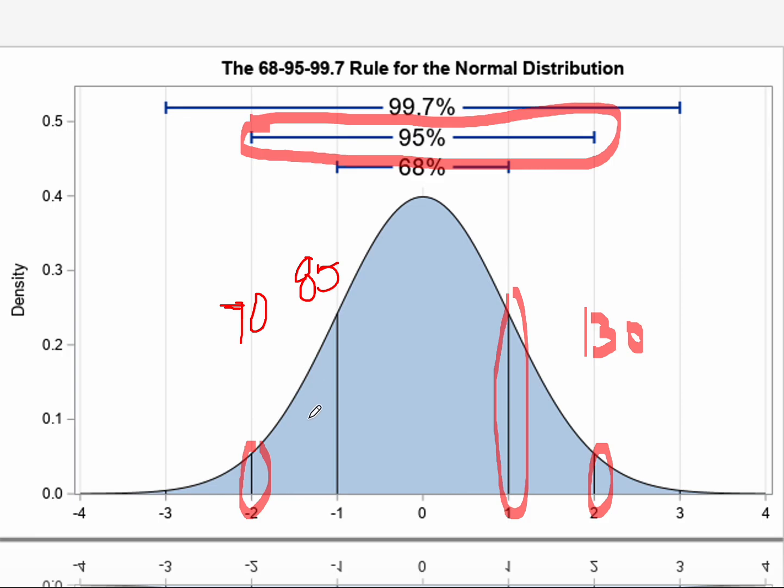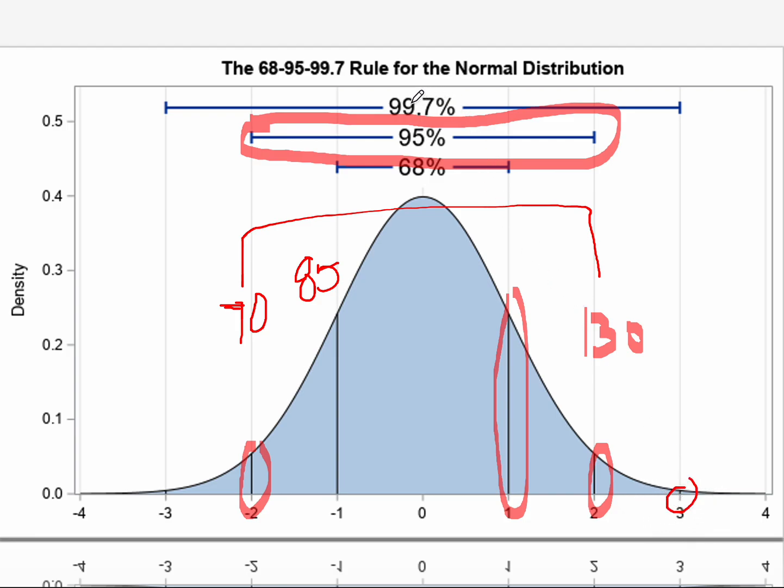So of everyone who takes the standard IQ test, it's actually the Wechsler Adult Intelligence Scale, 95% of every single person who takes that is going to get a score between 70 and 130. In order to score higher than that, to get into the so-called genius level, very, very few people will be able to reach 3 standard deviations out.